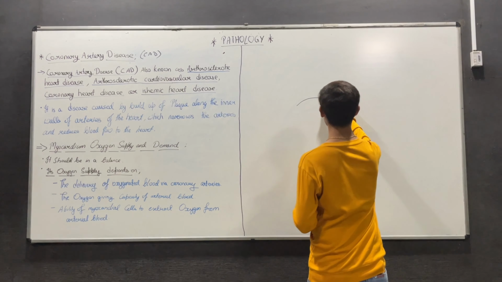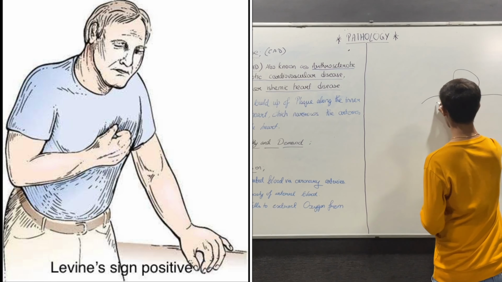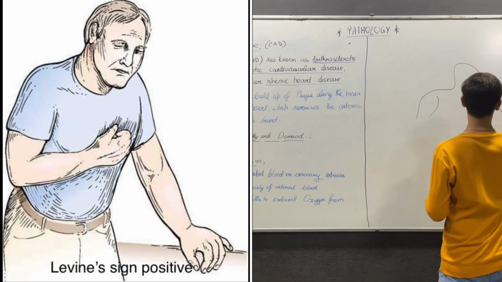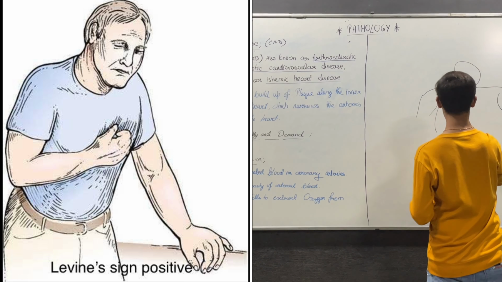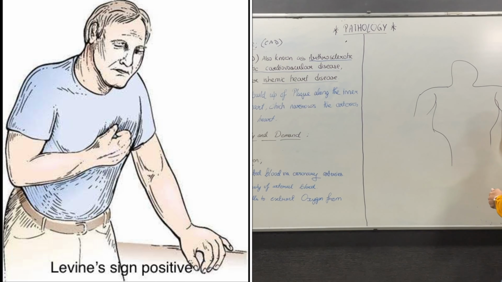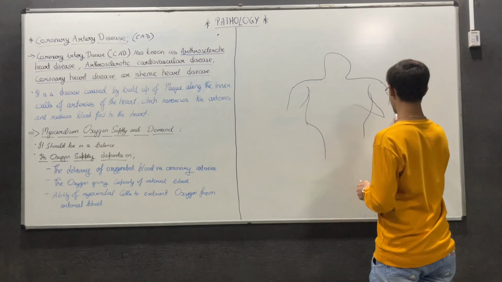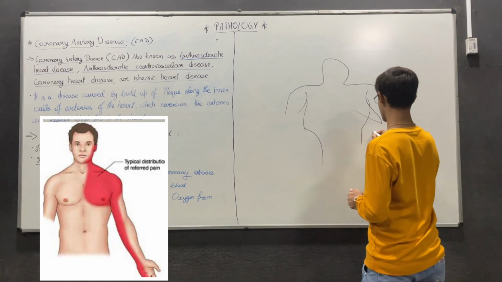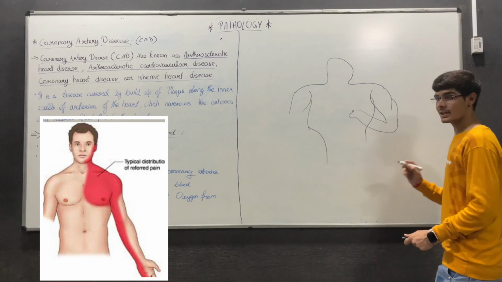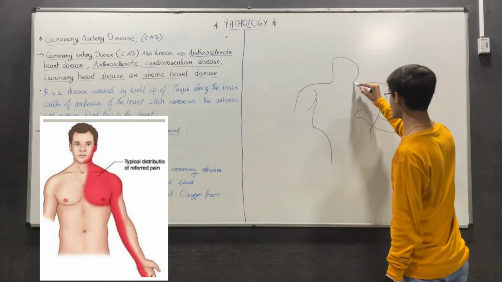Imagine a person who is having myocardial infarction or angina. He will make a fist like this, and the area which will be paining more will be starting from here to here.